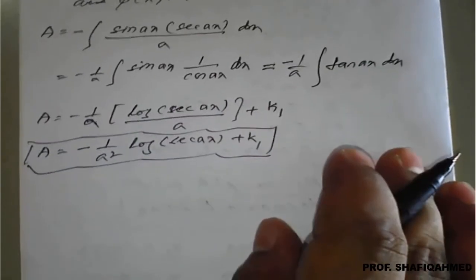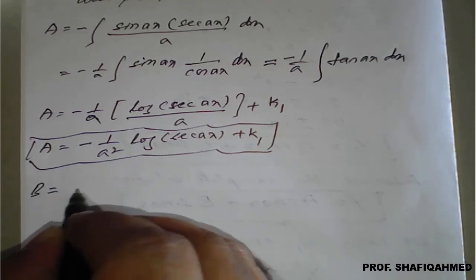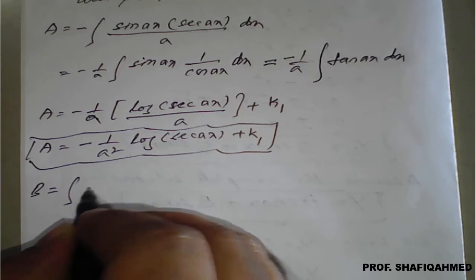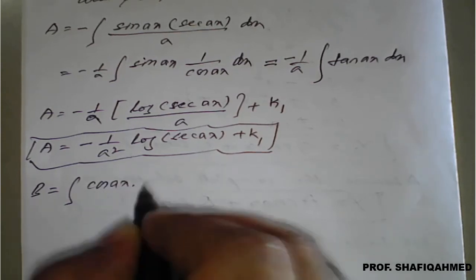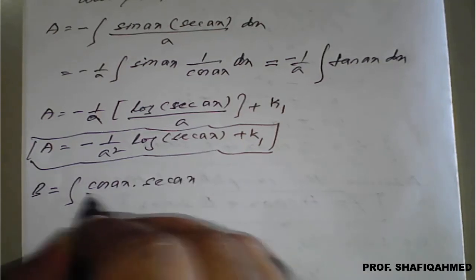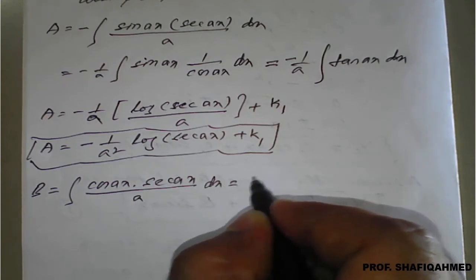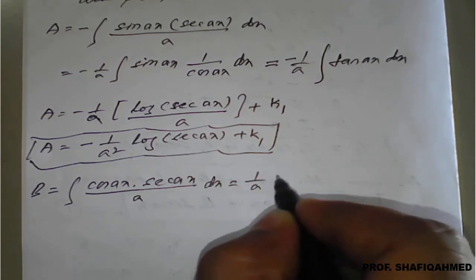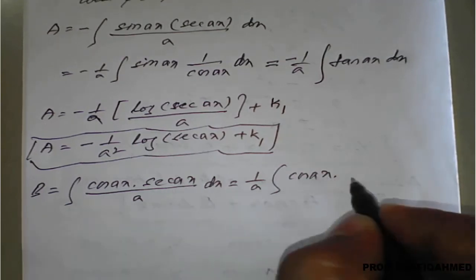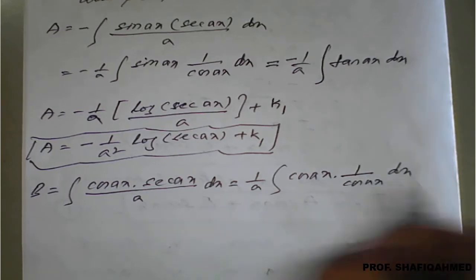Similarly we need to find the value of B also. So B is integration of y1, which is cos of ax, and phi of x is secant ax, divided by W which is a, into dx. That is 1 upon a outside, integration of cos of ax, secant ax written as 1 upon cos of ax, into dx.